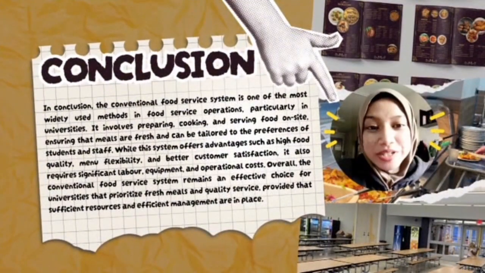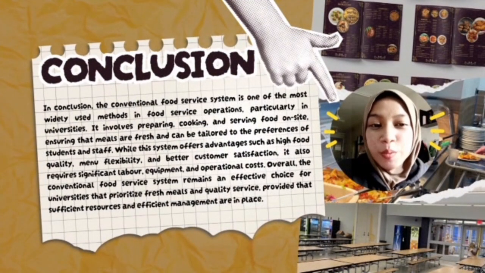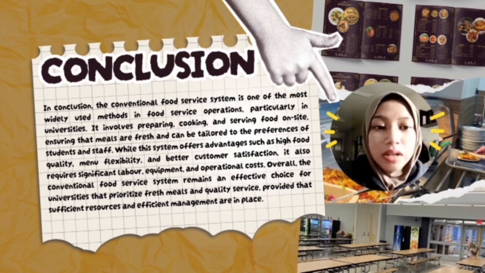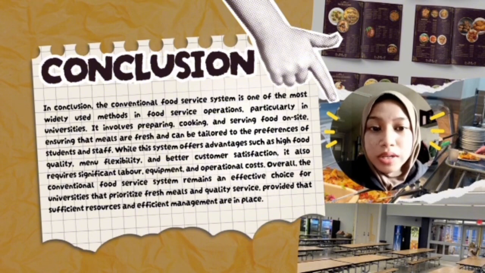In conclusion, the conventional food service system is one of the most widely used methods in food service operation, particularly in universities. It involves preparing, cooking, and serving food on site, ensuring that meals are fresh and can be tailored to the preference of students and staff.